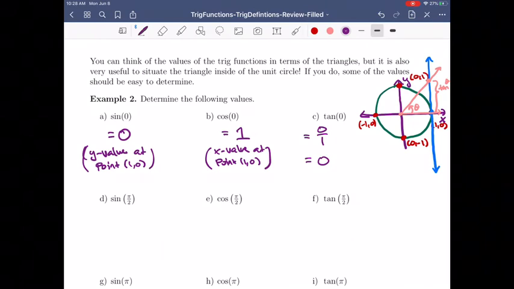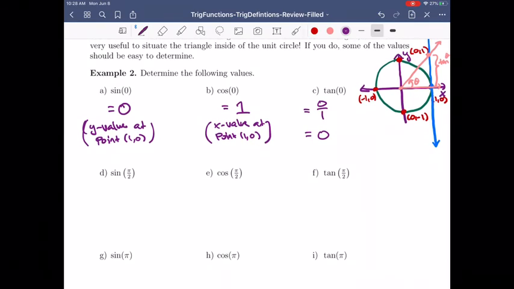Okay, let's try some more. If I'm at pi by 2, this is 90 degrees. So here's my initial side, and here's my terminal side. The point on the unit circle I'm going through is now (0, 1). So sine of pi by 2 is going to be 1, and cosine is going to be 0.